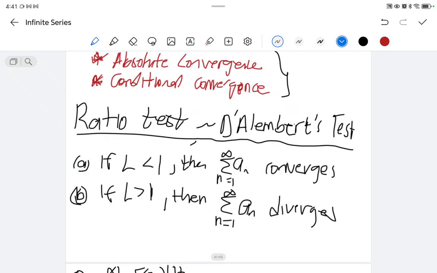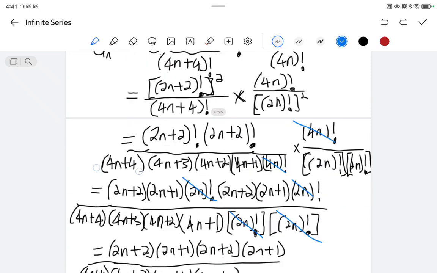Is 1 over 16 less than 1? Yes. Then what will happen to the series? It will converge. You see, right? So let's go and conclude now.